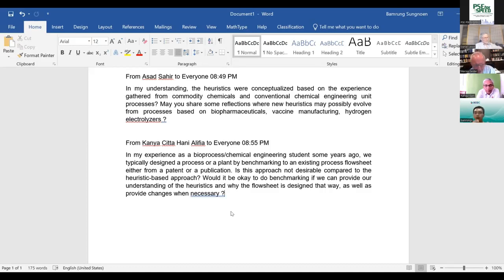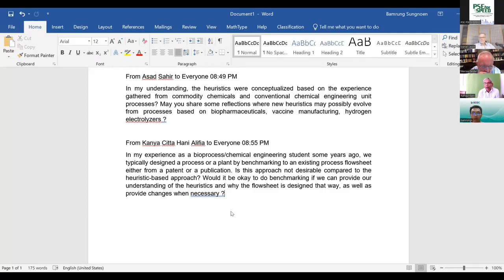But some companies try to build a new process and try to be different and just file the patent. It is not launched commercially. It depends on the direction of the company.